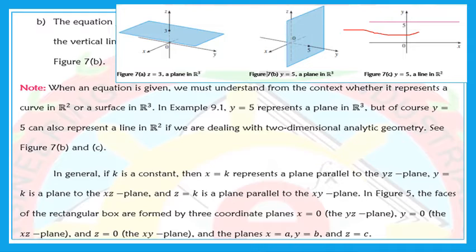When an equation is given, class, we must understand from the context whether it represents a curve in R squared or a surface in R cubed. So in example 9.1, y equals 5 represents a plane in R cubed. But of course, y equals 5 can also represent a line in R squared. Tama, di ba?